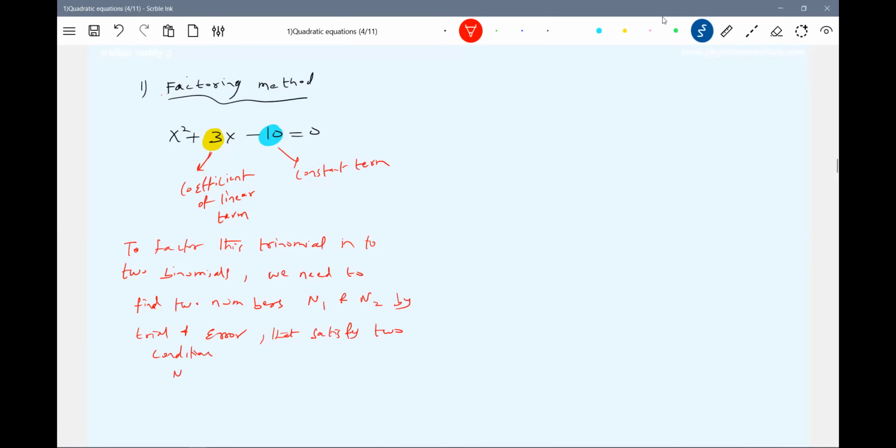What are the conditions? N1 into n2, the product, must be equal to the constant term. And the sum must be equal to the coefficient of the linear term.